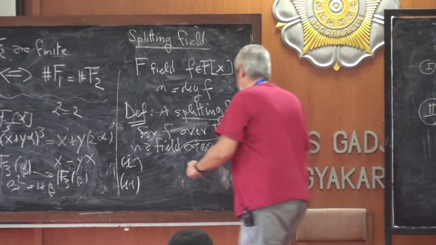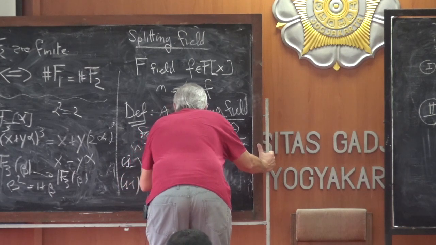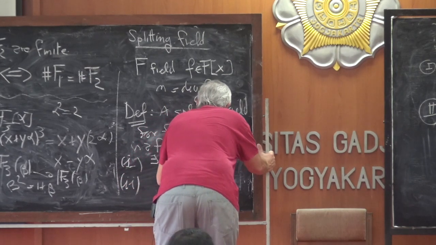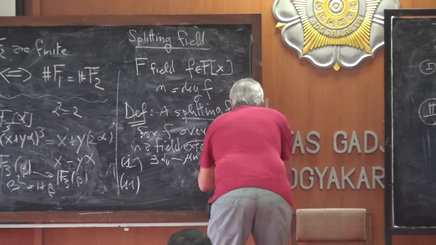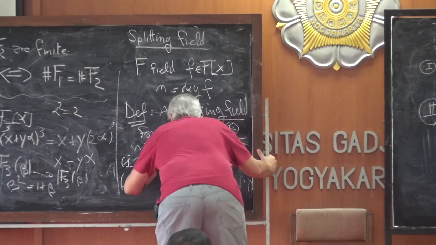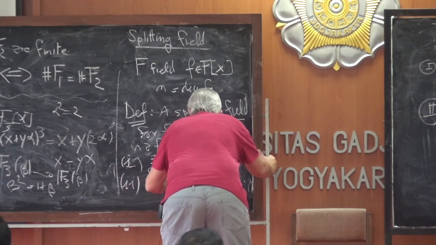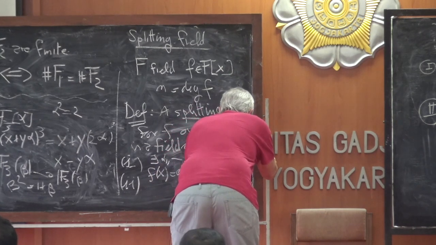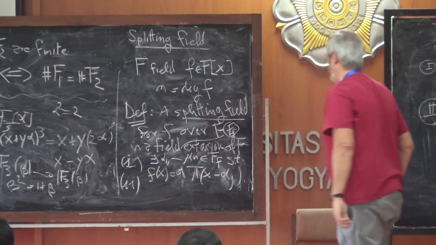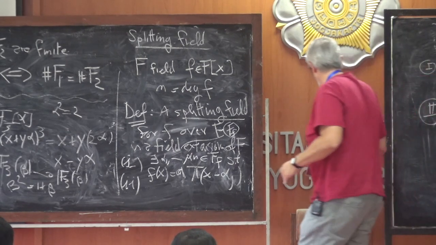The first property is that there exist alpha 1, ..., alpha n in this field extension such that the polynomial can be written as its leading coefficient, say a, times the product of x minus alpha j. So in this field extension, there are all the roots of this polynomial.